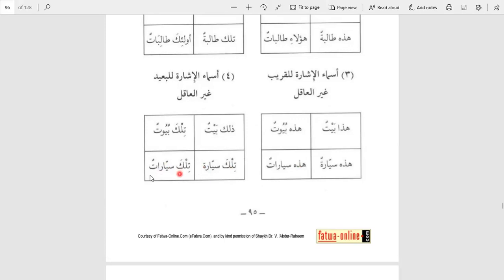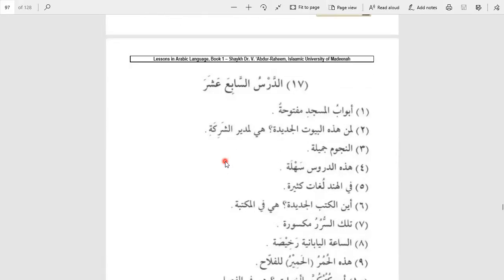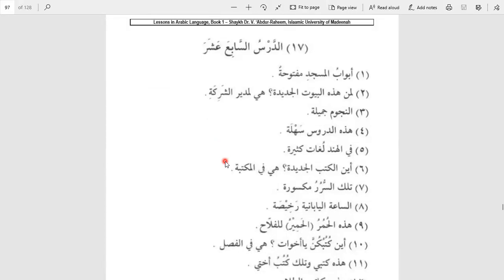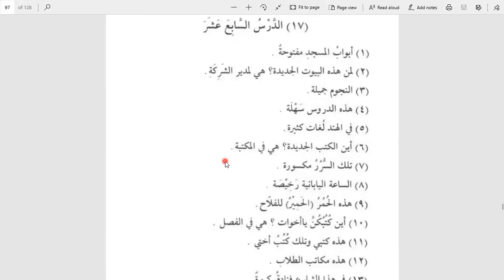Why? Because كل جمع مؤنث. ذلك بيت and تلك بيوت. Why تلك بيوت? Because بيوت is jamu for baytun, which becomes kuli jamu mu'annath. So this is very simple. I hope you're able to understand this, and we are going to read and see the concept in application here in this lesson.